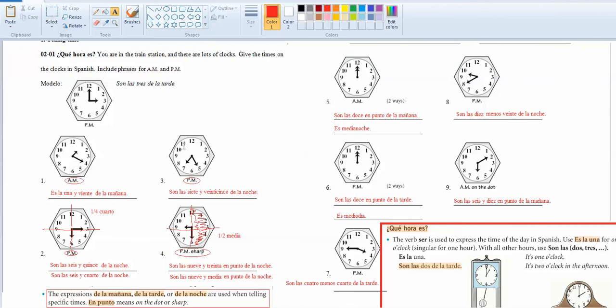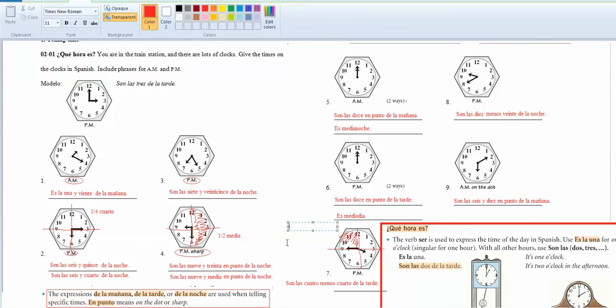Also, however, if we take our clock and we divide it up like this, we have a fourth of the clock to go through to get to the top of the hour. And if you remember, whether it's a quarter past or a quarter till, a fourth is cuarto.